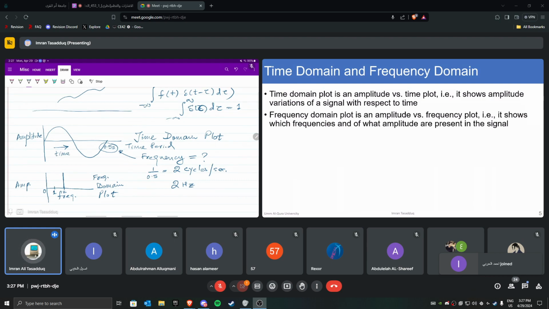What is this plot showing you? It is showing you which frequencies and of what amplitude are present in your signal. So you can see that there is only one frequency of 2 hertz present in your signal.